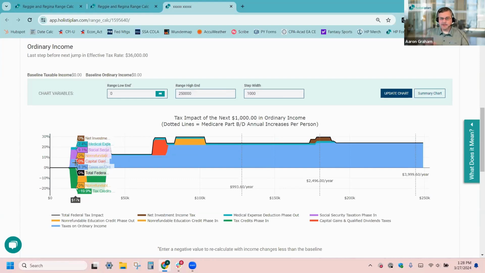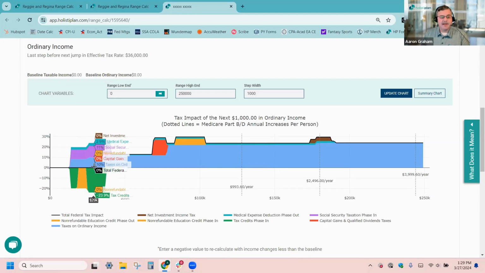Another thing I threw into this scenario just to show how it's affected. We included deductible medical expenses for Reggie and Regina. That is tied to a floor, right? You can't deduct medical expenses that are not above that 7.5% of AGI floor. Once we start adding enough income where AGI is north of zero, we're starting to increase that 7.5% floor for AGI.